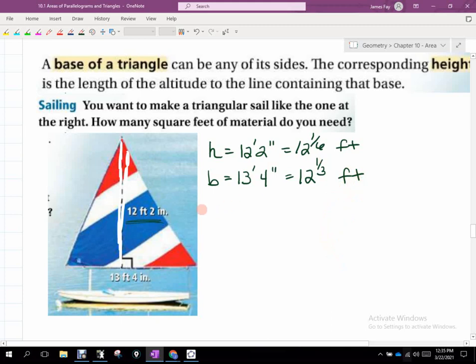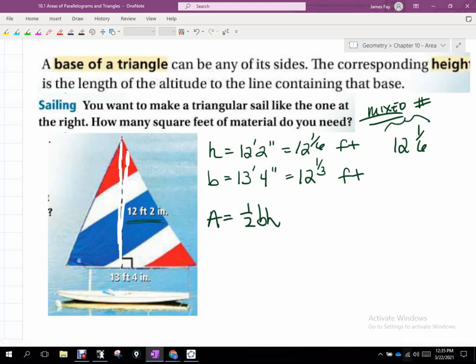Now, if I'm going to go area is 1/2 BH, what kind of number is 12 1/6? What kind of number do we call that? Nope. That's a mixed number, okay? Mixed numbers have no practical algebraic purpose. They are useless to us algebraically.